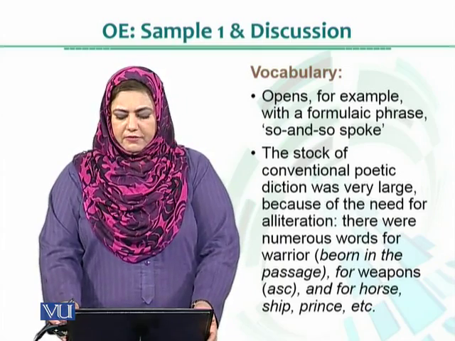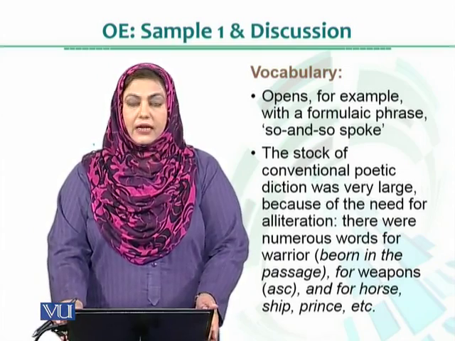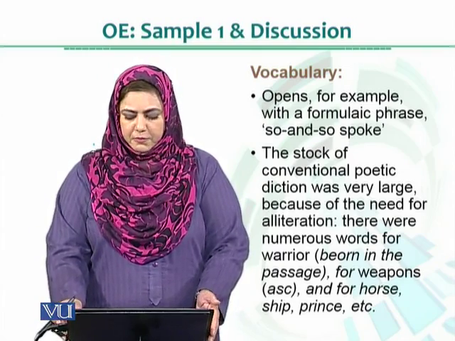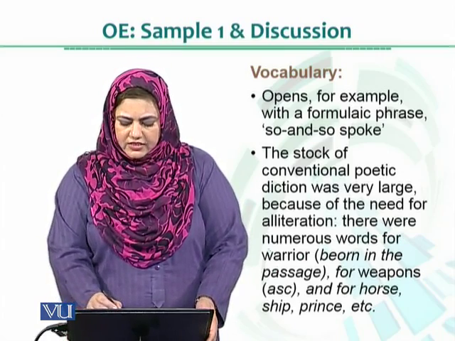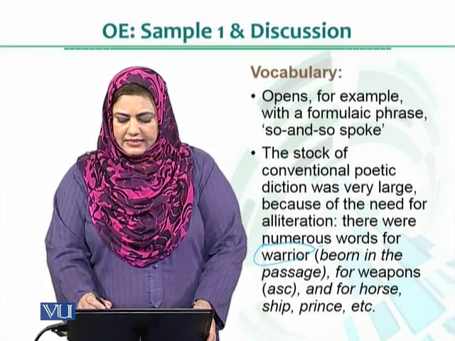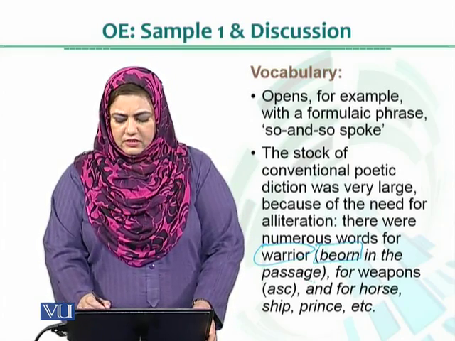The stock of conventional poetic diction was very large in this text because of the need for alliteration. The rhyming sounds at the end of the poem for that purpose. There were numerous words I hope you would have noticed in the text. So, for example, for the modern word warrior, as it is used in Old English in this passage.